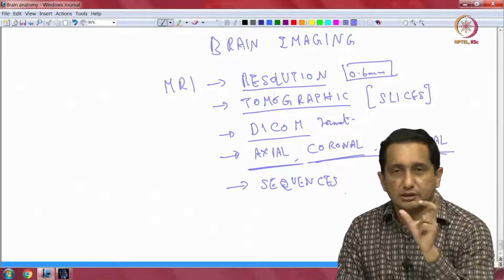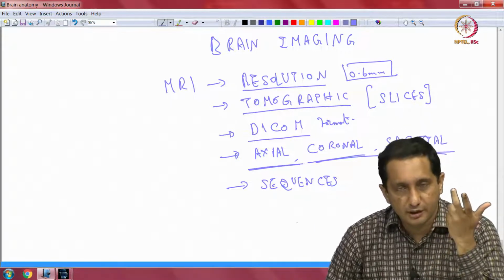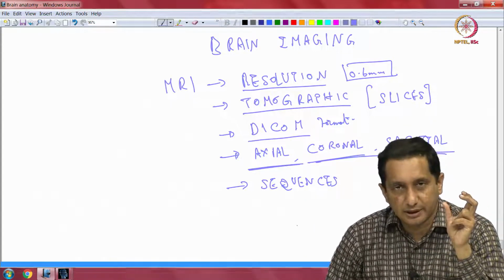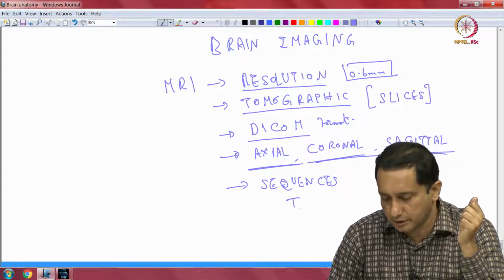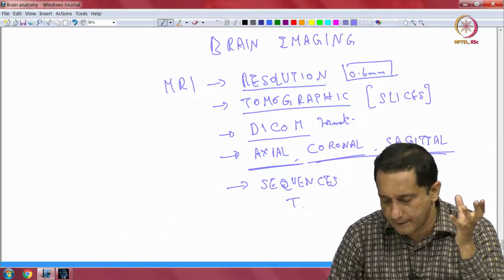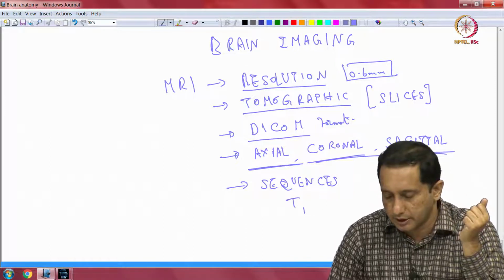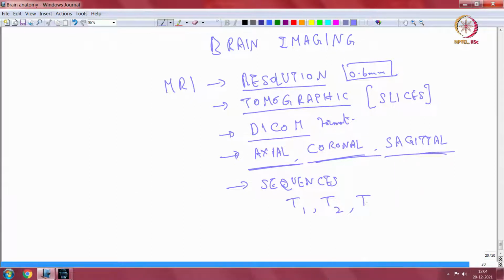Combinations of these radio frequency parameters and magnetization parameters are given as user controls, and that is how you have various sequences such as T1, T2, FLAIR, CISS images, phase, and then contrast.